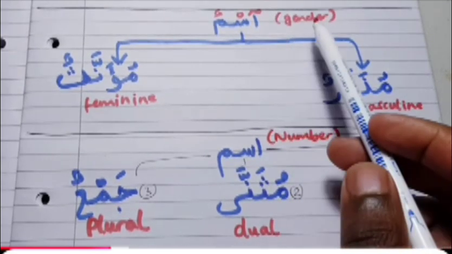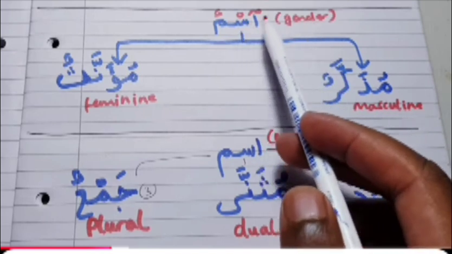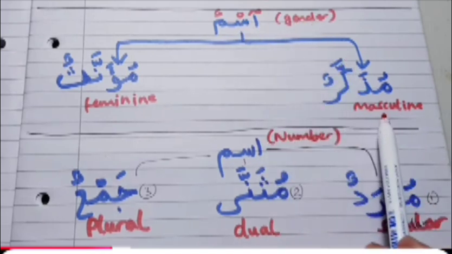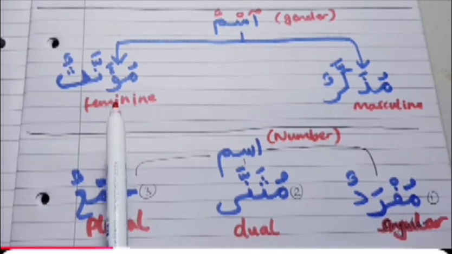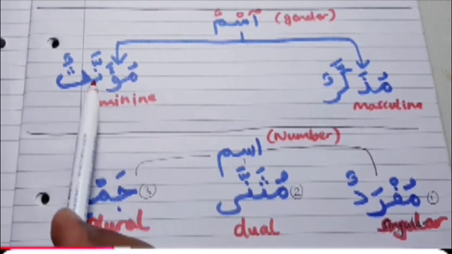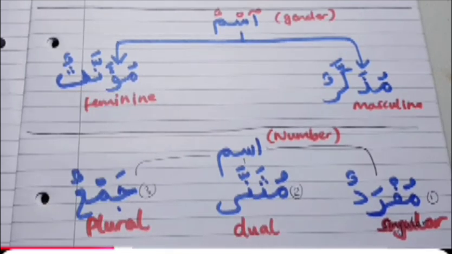So the first categorization was in terms of gender. Every noun has a gender. The gender is either masculine, mudhakkar, or feminine, mu'annath. Don't confuse the two, they are very similar.